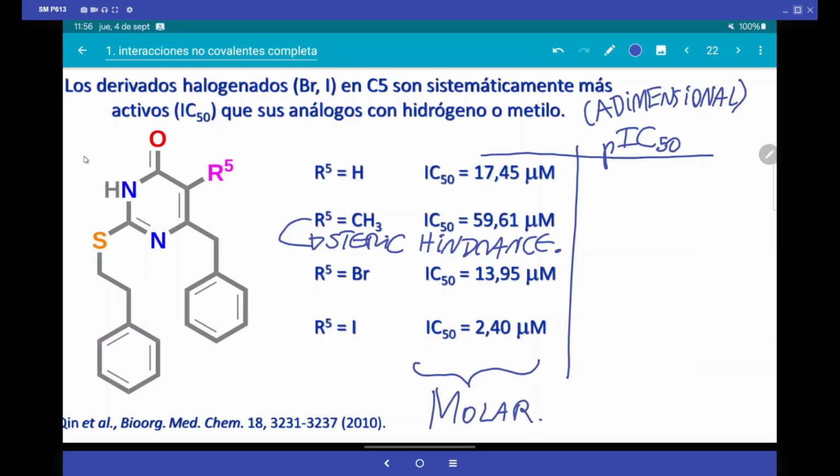Because they are micromolar, I take that value to molar, and from there I calculate the pIC50. What is pIC50? It is minus the logarithm of the IC50. Then we quickly calculate the values of the most active series.